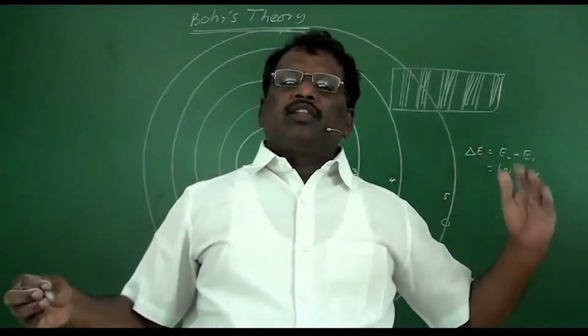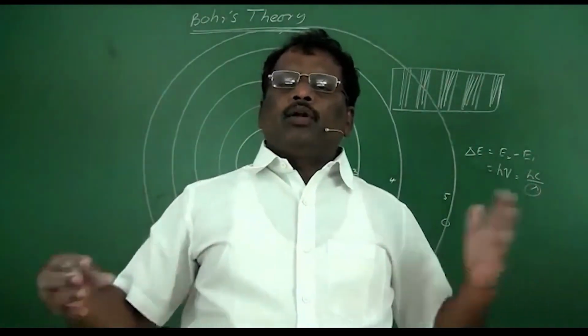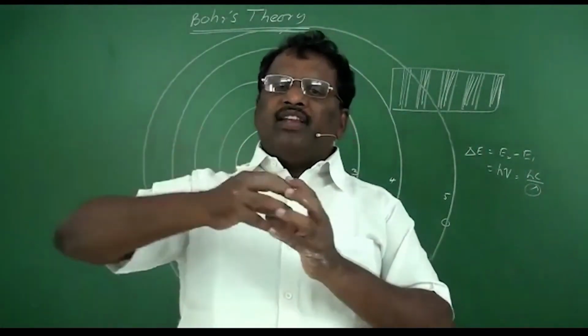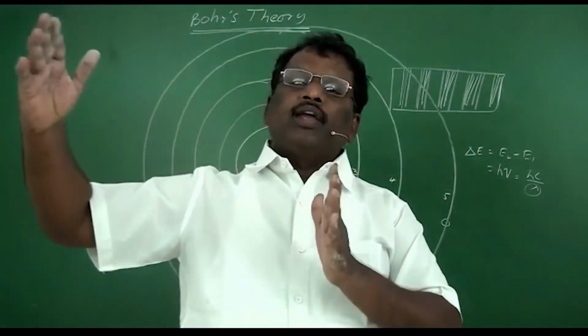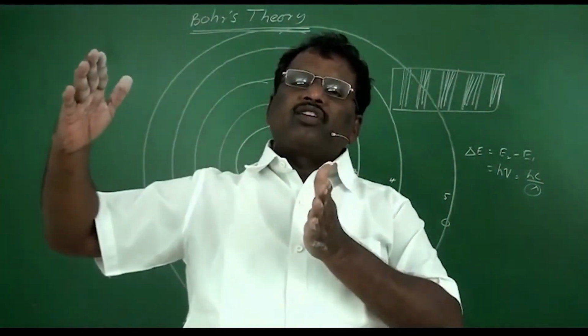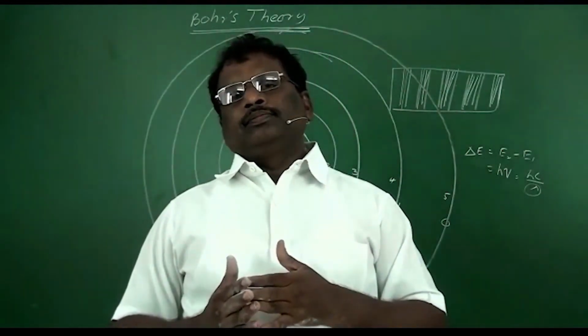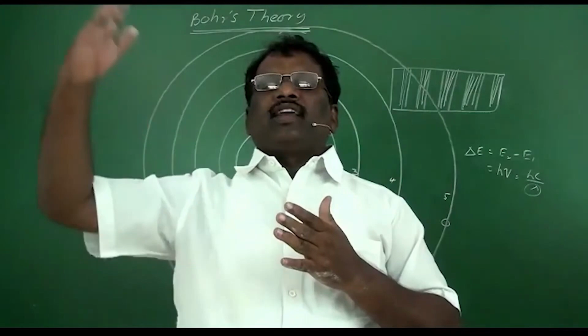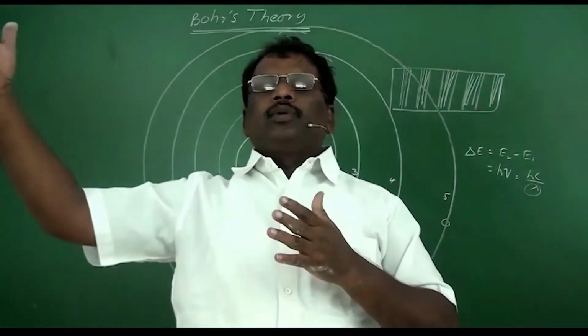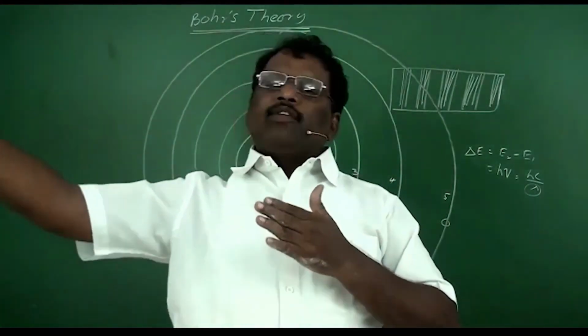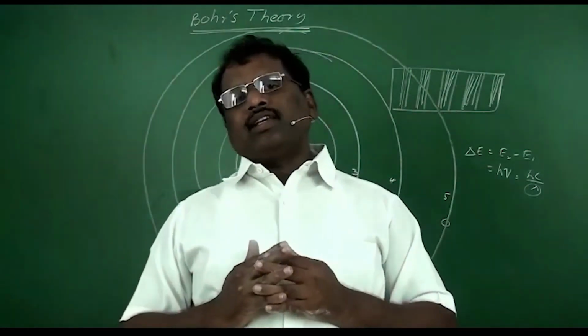The energy and wavelength of that line will depend upon the difference in the energy of those two energy levels in which the electron transition takes place. And those electrons which are excited will not stay there permanently. They will get back to the original state.